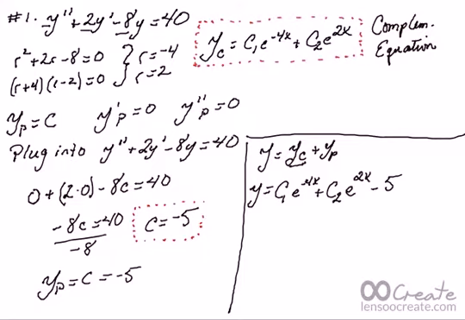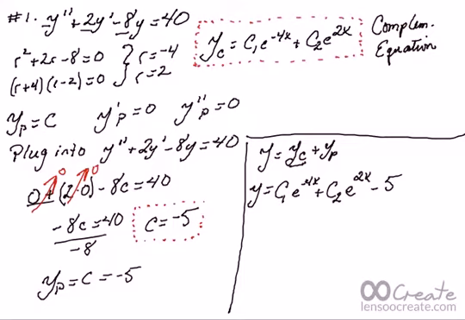We only have one variable in this equation, which makes it nice and easy, because these two simply go to 0. 0 plus 0 is 0, minus 8c equals 40. So we have negative 8c equals 40. We're just going to divide the 8 out to get c alone, and c is equal to negative 5.